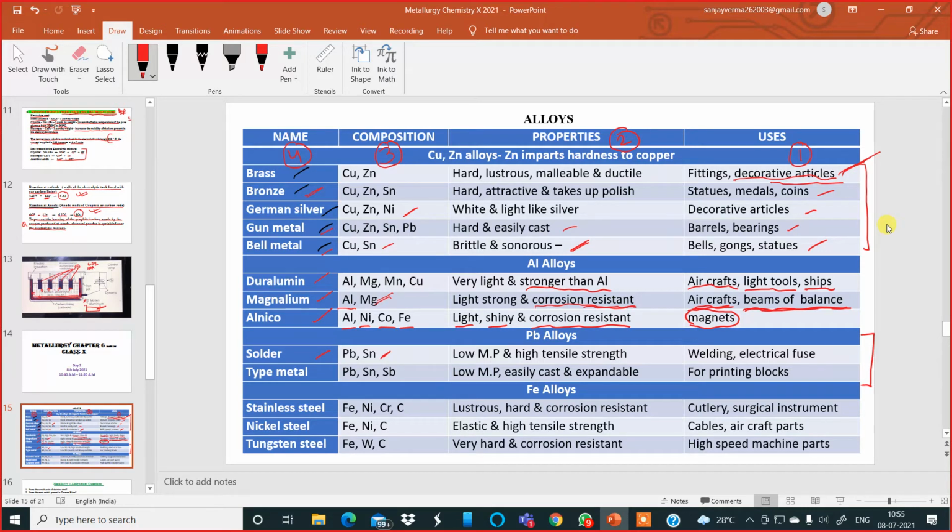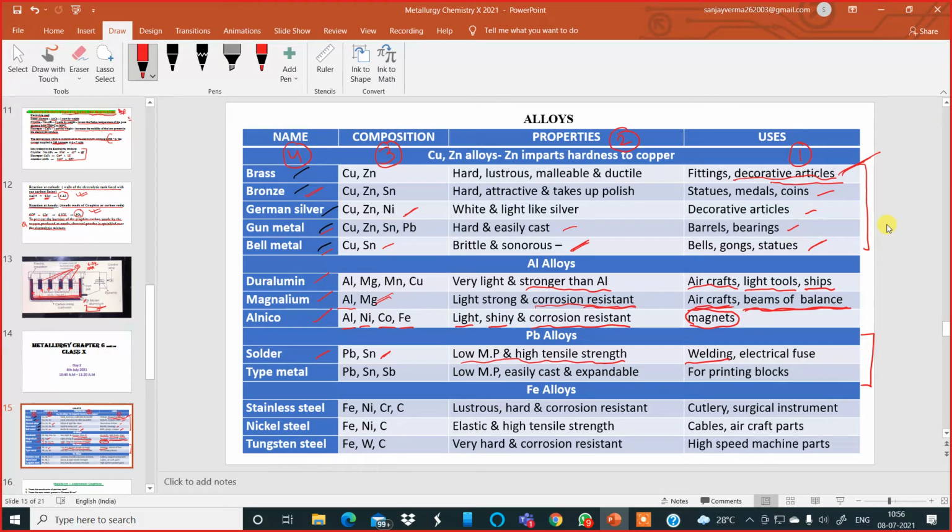This solder has a low melting point and it has a high tensile strength. It is used in welding and it was used in electrical fuses quite some time ago. Now the electrical fuses have been replaced by MCB, miniature circuit breaker.